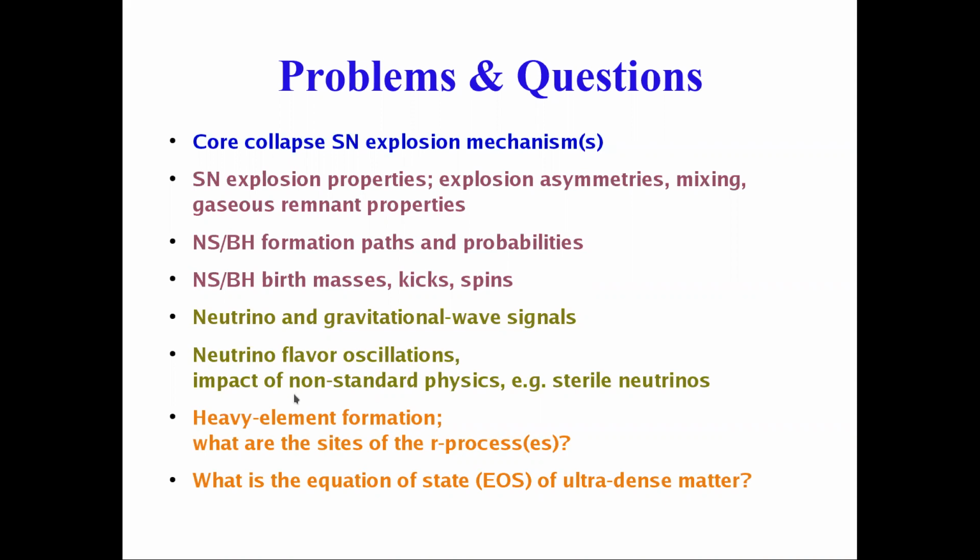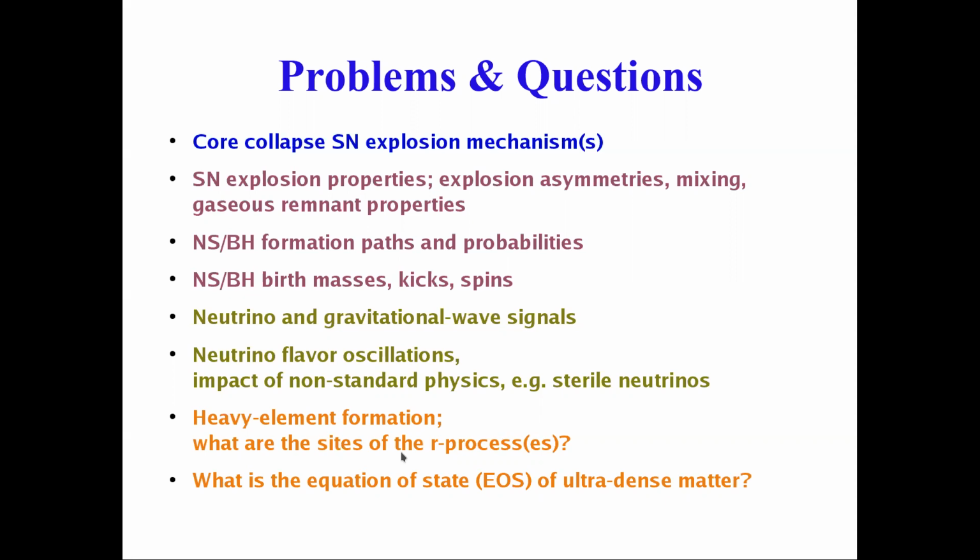Then we have physics interest in supernovae as a laboratory where neutrino flavor oscillations could play a role. Non-standard physics could play a role and may also be measurable if we had supernova neutrinos in the future. For example, sterile neutrinos, but also a lot of exotic scenarios connected to dark matter possibilities. Heavy element formation is not necessarily any longer connected to the question where the r-process comes from.